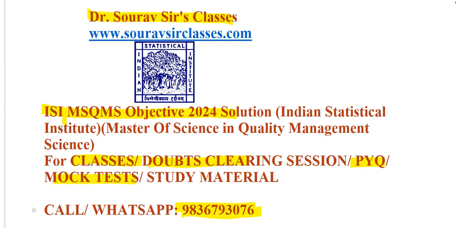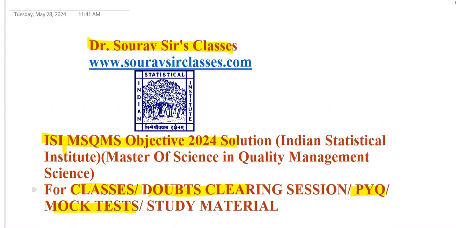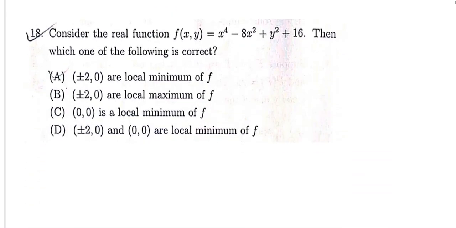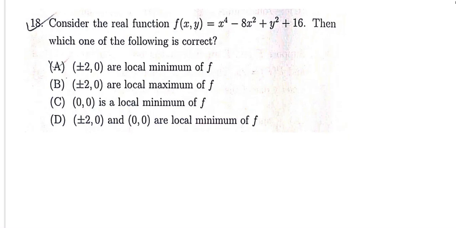Okay, so let's start today's session with question number 18. Consider the real function f of x, y equals x to the power 4 minus 8x square plus y square plus 16. Then which one of the following is correct? Option A: plus minus 2 comma 0 are local minimum of f.